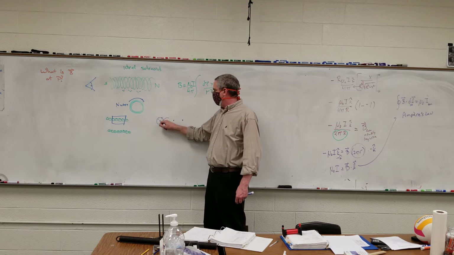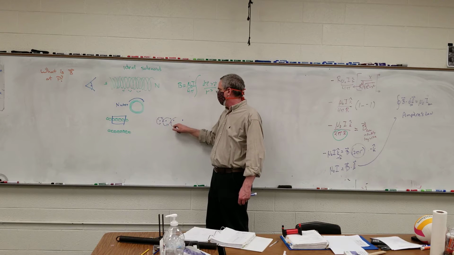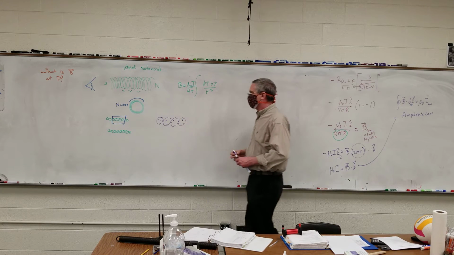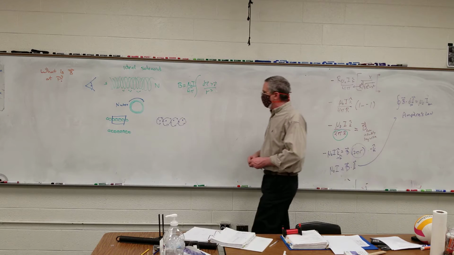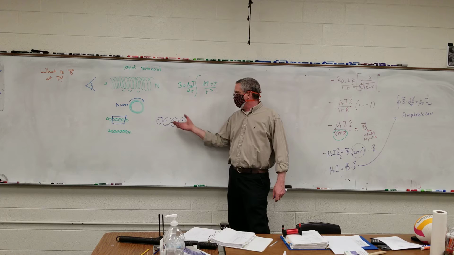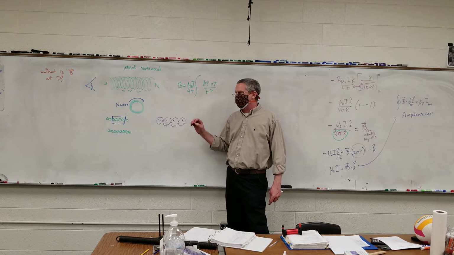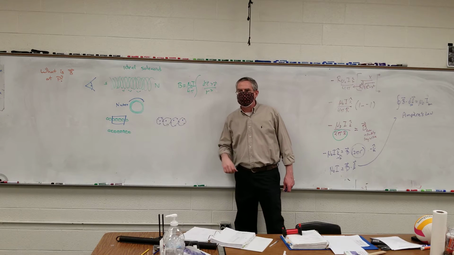And this one's got one flowing in that direction, and this one's flowing in that direction. So we have a net magnetic field inside going to the left. And just with this one little small group of wires, we have a net magnetic field going to the left on top, basically outside the solenoid.